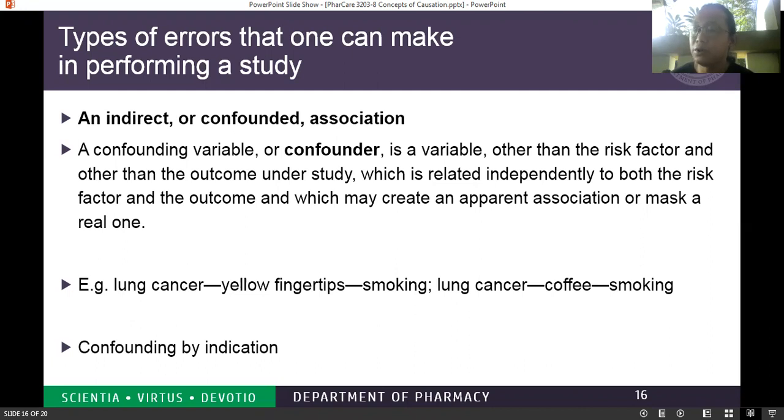So this kind of thing is called confounding by indication. We need to know whether the drug causes the acute kidney failure or the progression of the diabetes causes the acute renal failure. So I'm hoping that you understand what I'm saying.